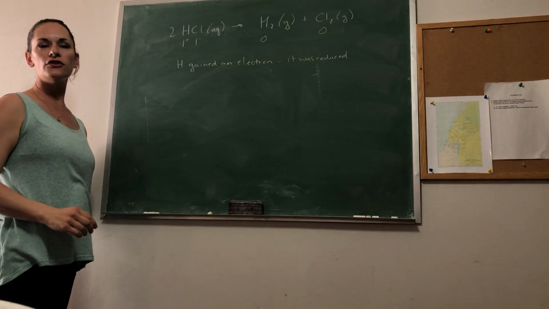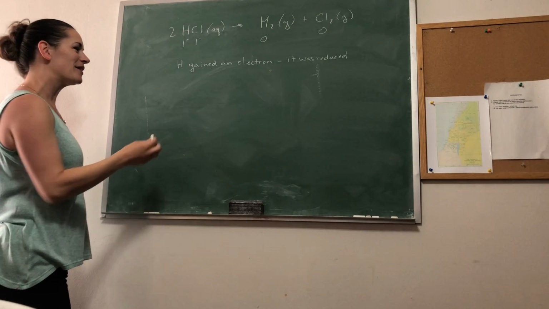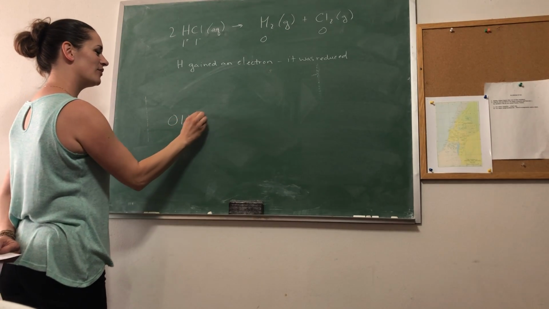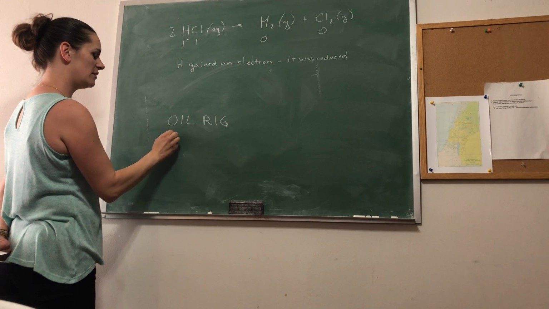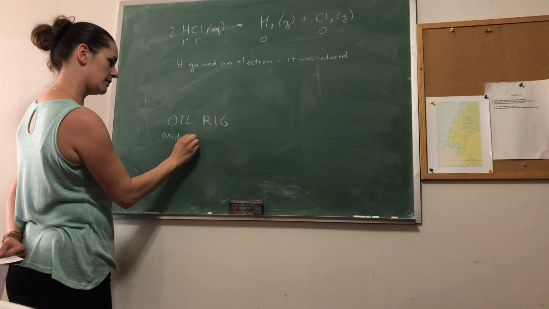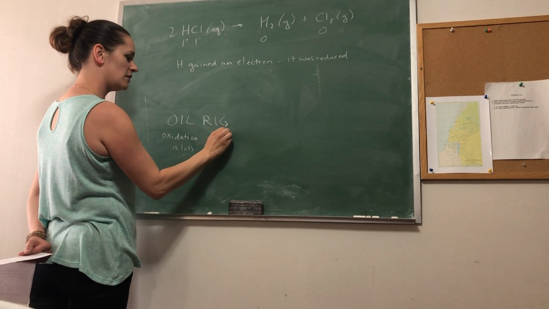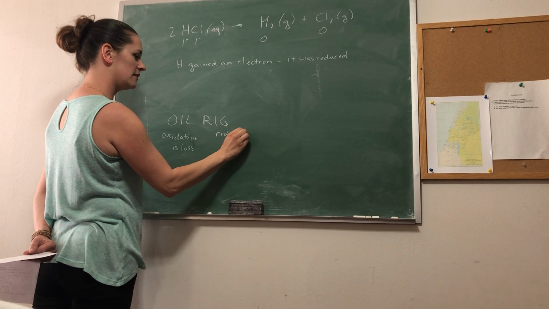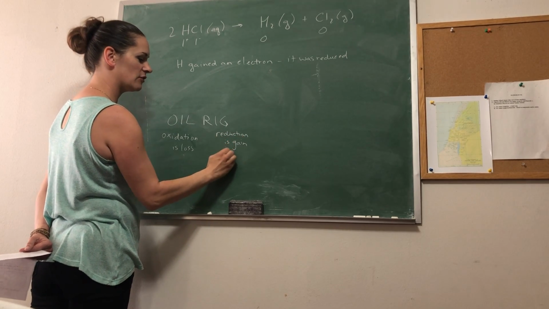Okay, and he told you to remember LEO says GER, right? But there's another one, OIL RIG. Oxidation is loss. Reduction is gain of an electron.